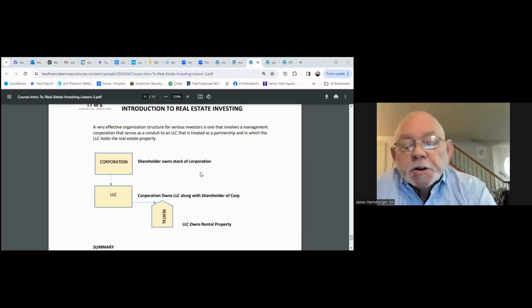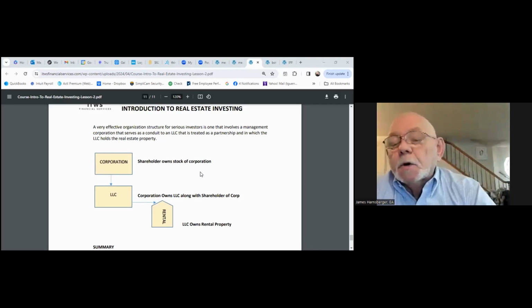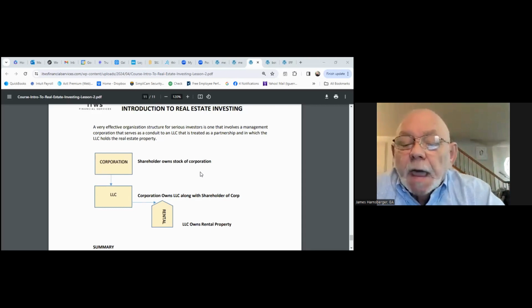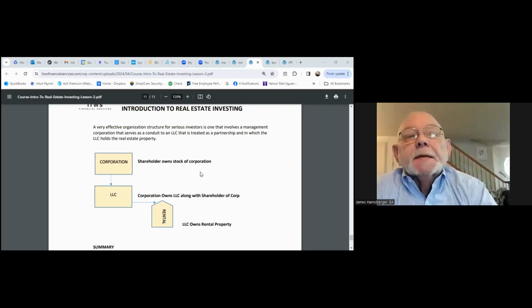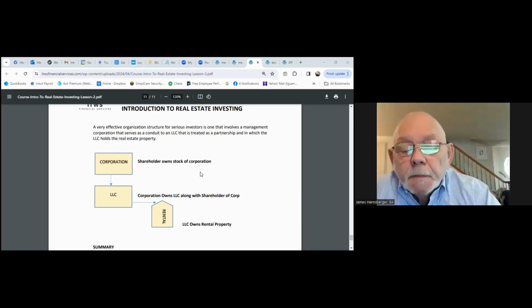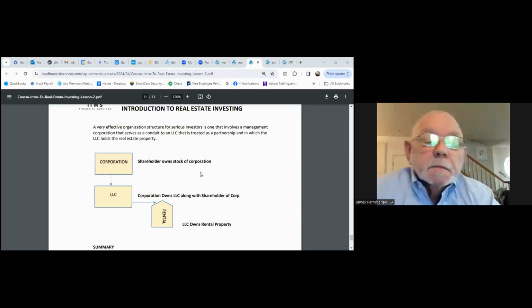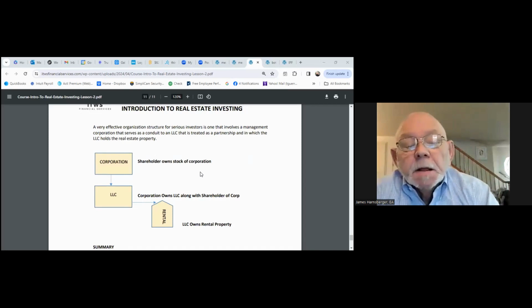The corporation in this particular example would make a special S election to be taxed as an S corp. Then the corporation becomes a member and owns a membership interest in an LLC along with you and a spouse.